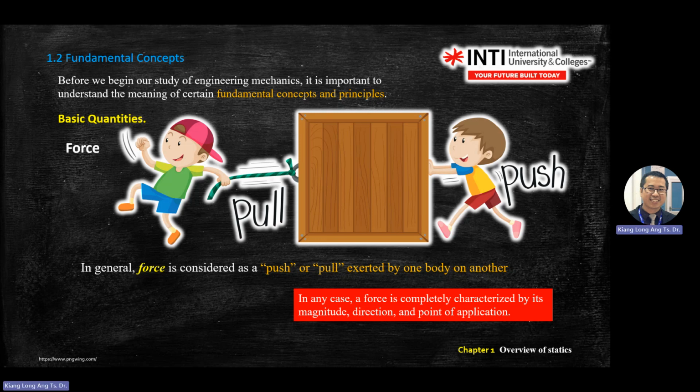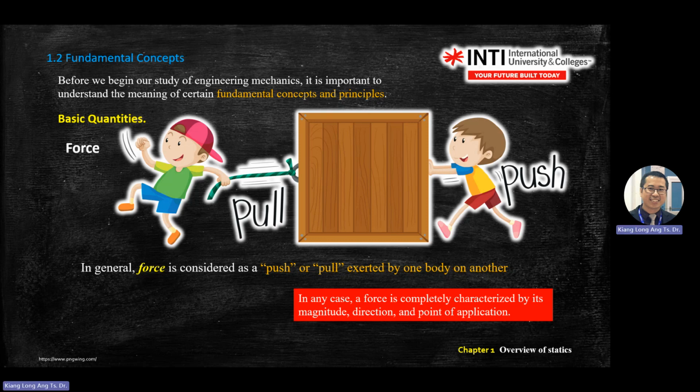There are other things before we move on. There is something called scalar and vector. A scalar is a magnitude. Magnitude means the magnitude.